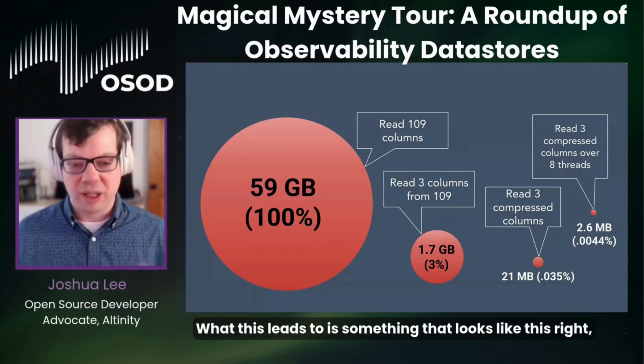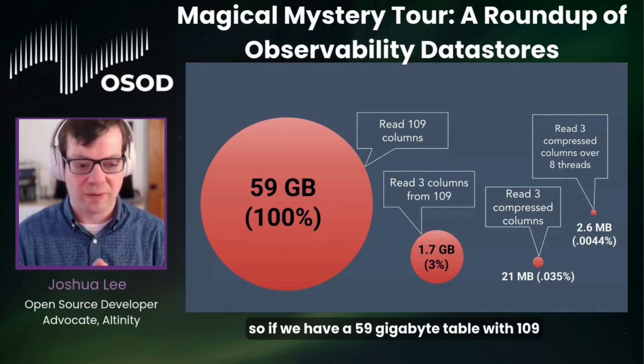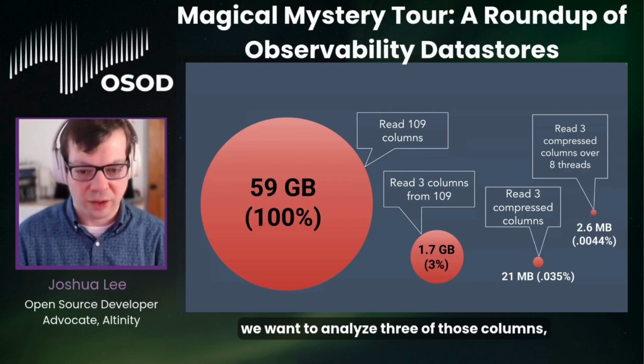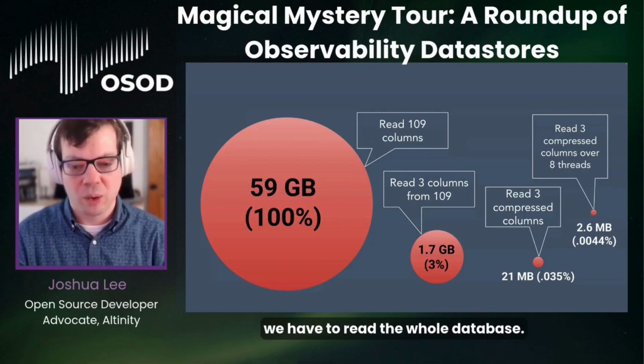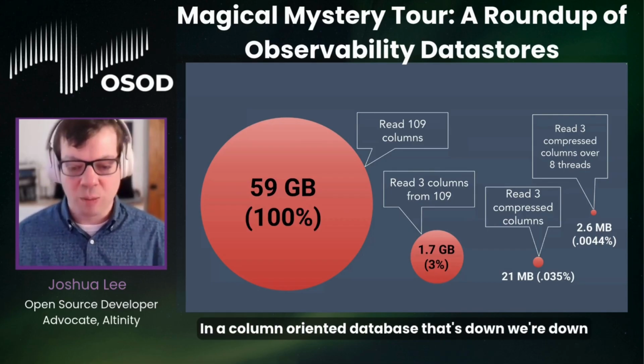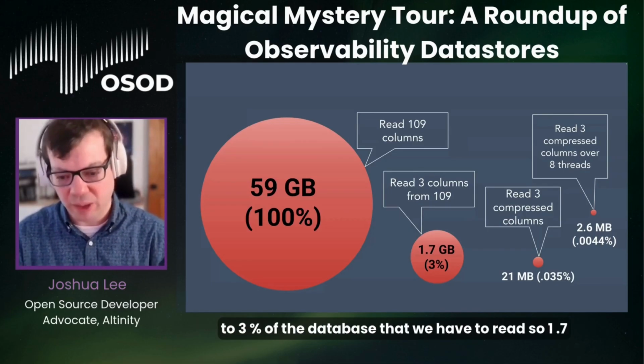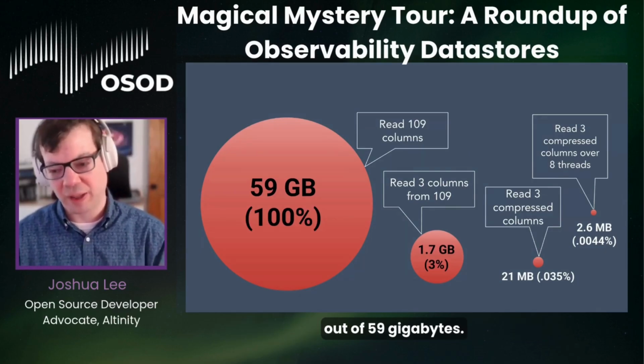What this leads to is something that looks like this. If we have a 59 gigabyte table with 109 columns, and we're using a row-oriented database and we want to analyze 3 of those columns, we have to read the whole database. In a column-oriented database, we're down to 3% of the database that we have to read, so 1.7 out of 59 gigabytes.